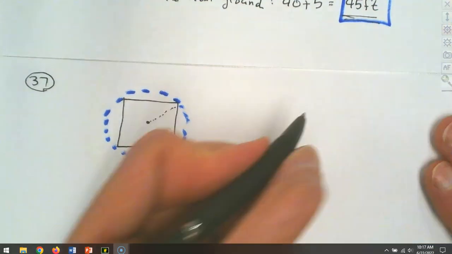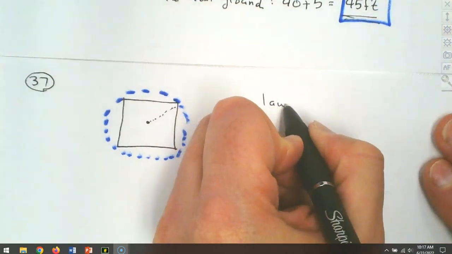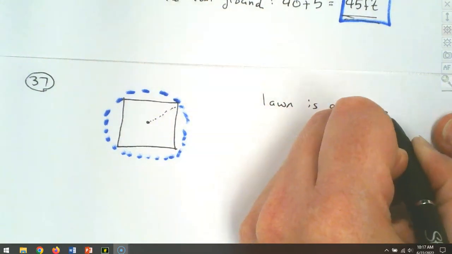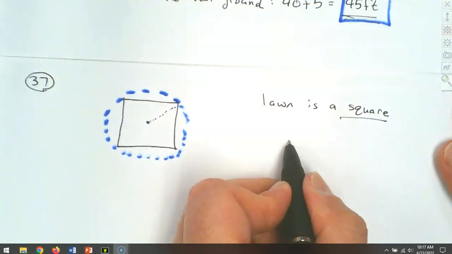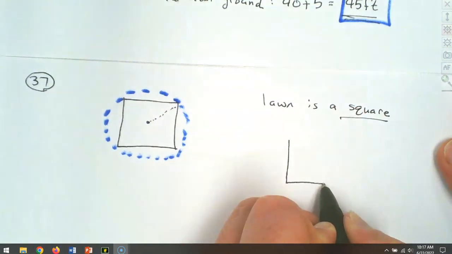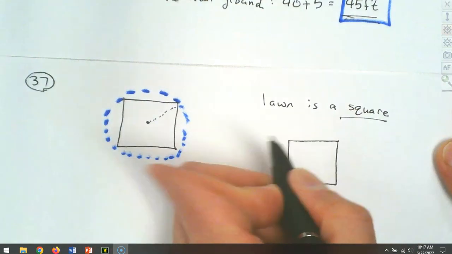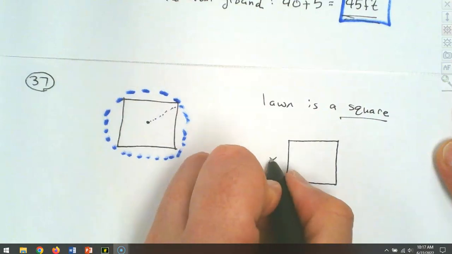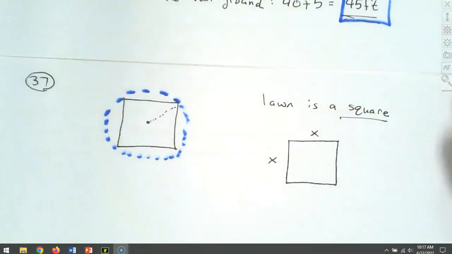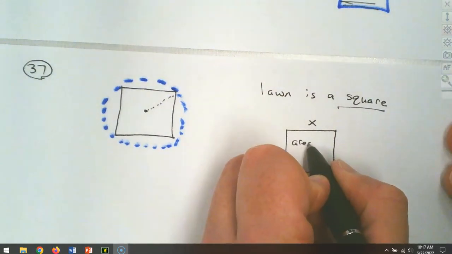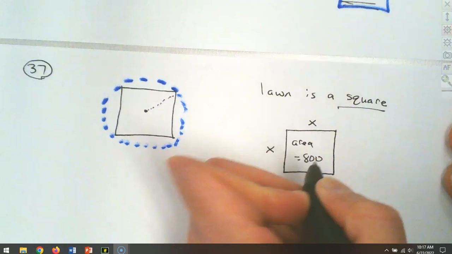The lawn is a square, and what do we know about a square? What's special about a square versus a rectangle? All the sides are the same, so this is going to be x, and this is going to be x. They're all going to be x. So we're going to take our square lawn out, and we know that this area is 800.